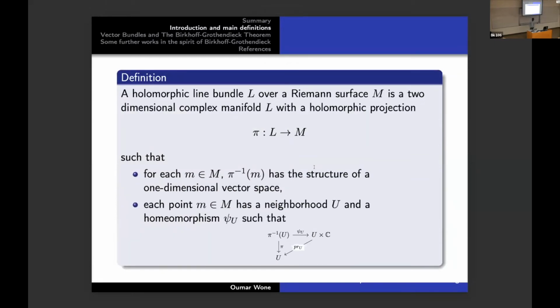Now, let us define what a holomorphic line bundle on a Riemann surface is.